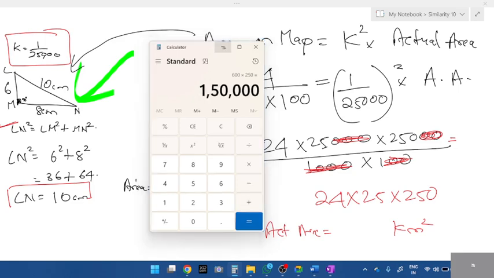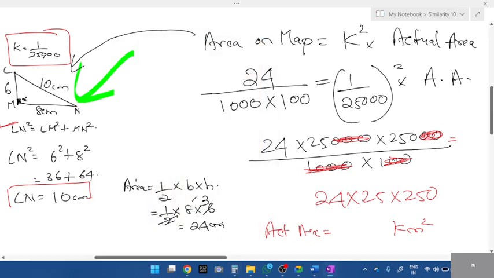Okay. 1.5 kilometer square, square value is given. 1.5 meaning 1000 into 100 centimeter.